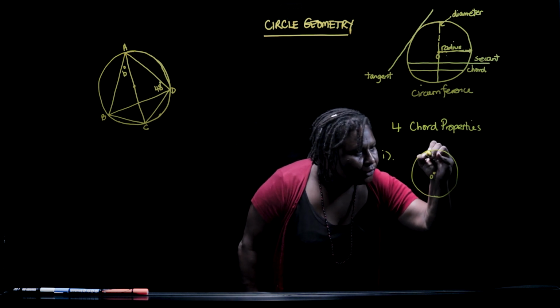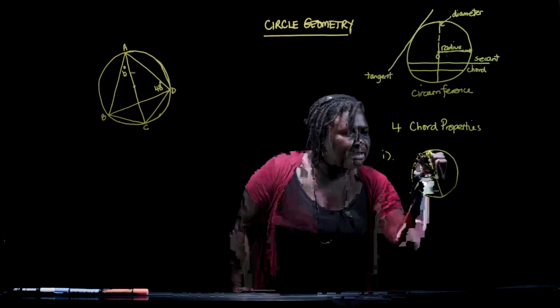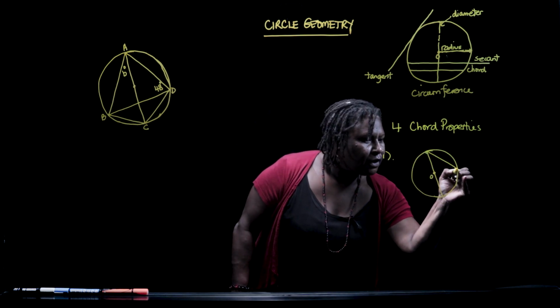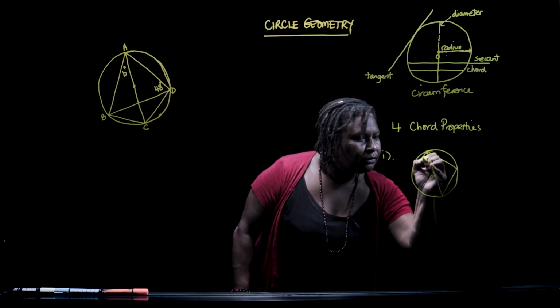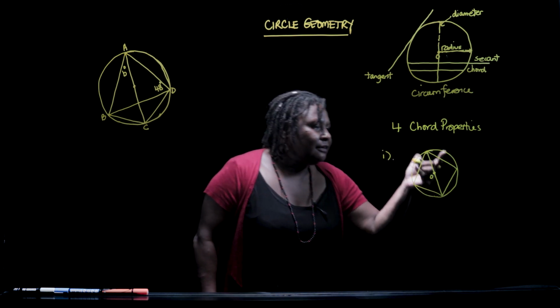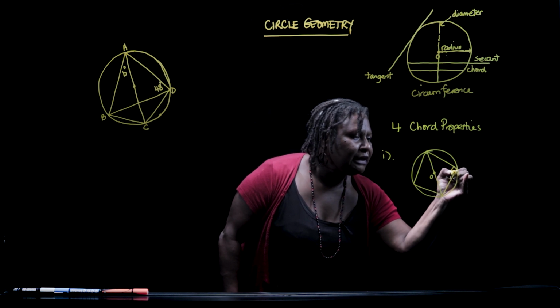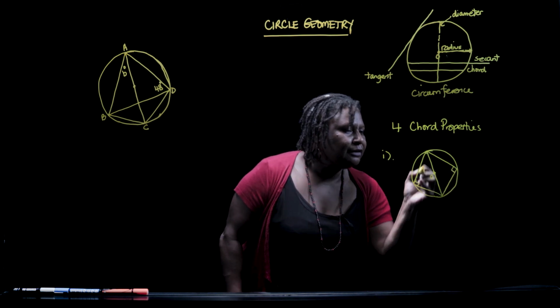If I draw the diameter here and use that diameter to form a triangle, okay, can you see that? That angle at the circumference, this one here, is 90 degrees.